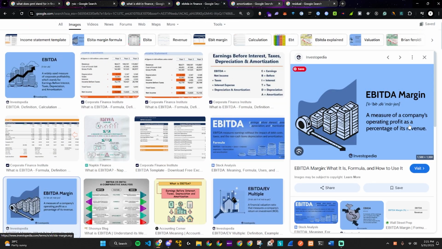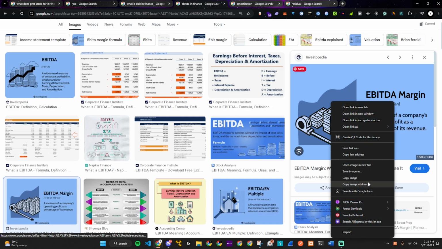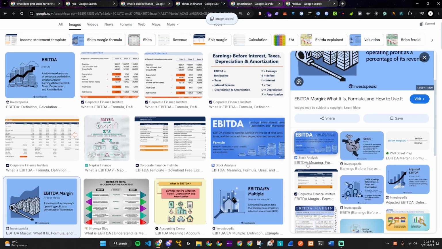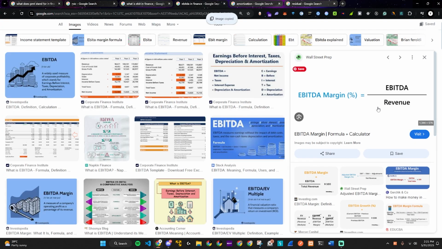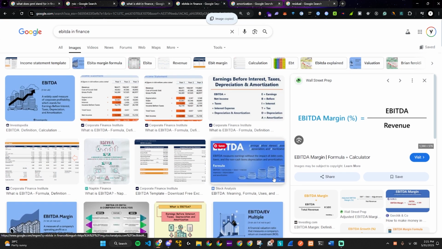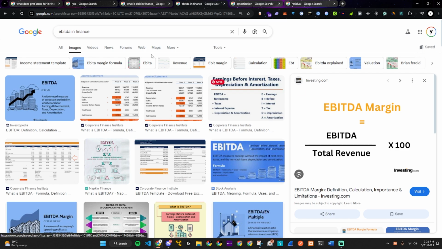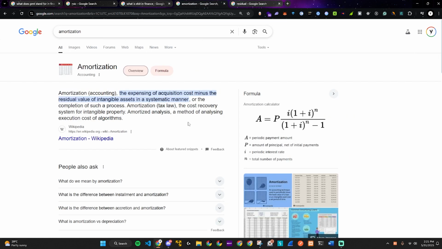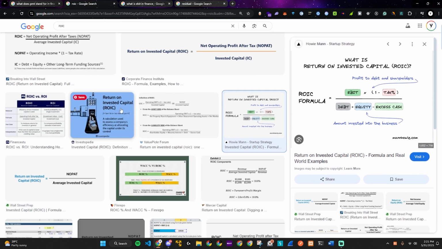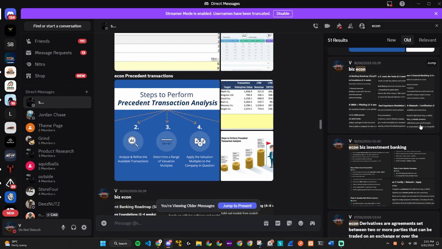Measure of a company's operating profit as a percentage of its revenue. Right. Okay. EBITDA margin. There's EBITDA divided by revenue. There's no 100 here. Interesting. Okay, so let me grab something.